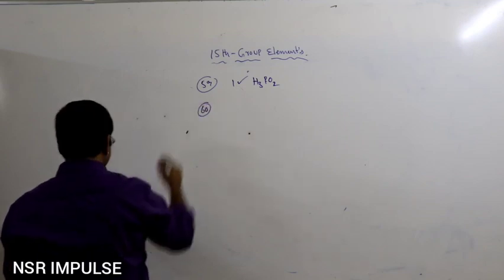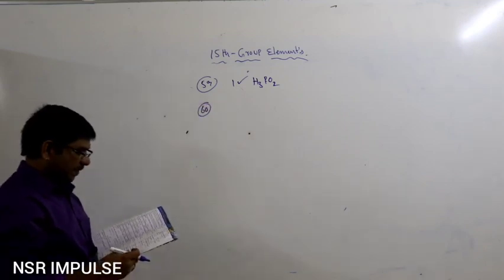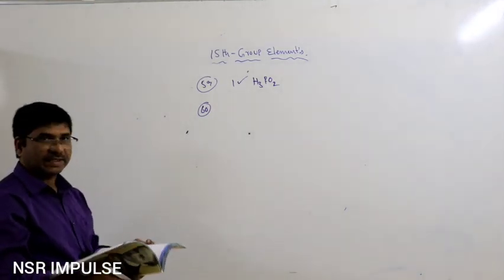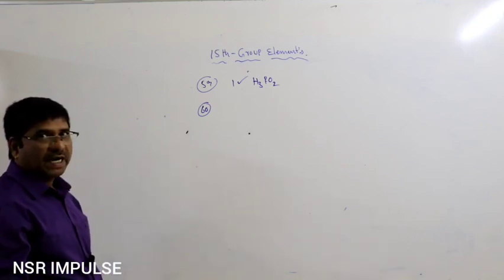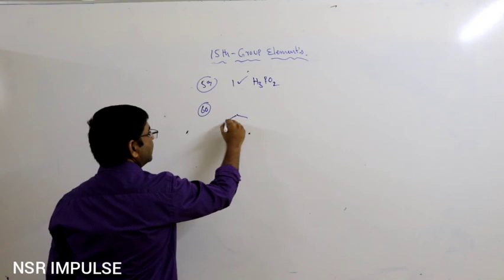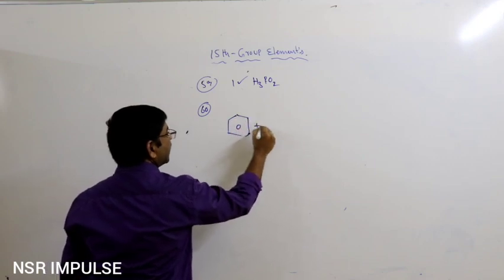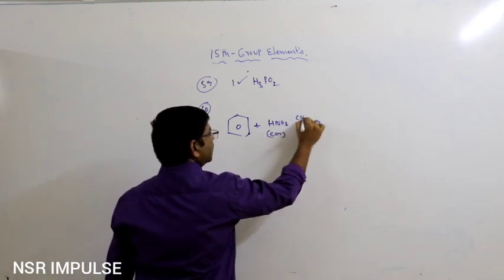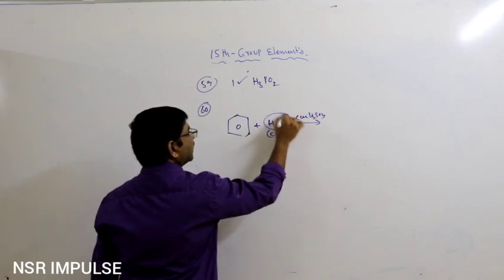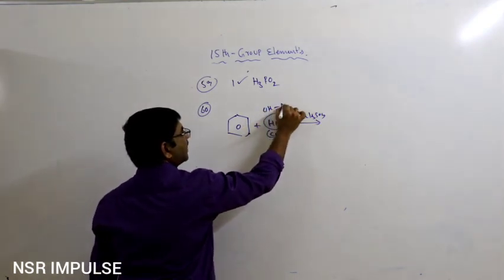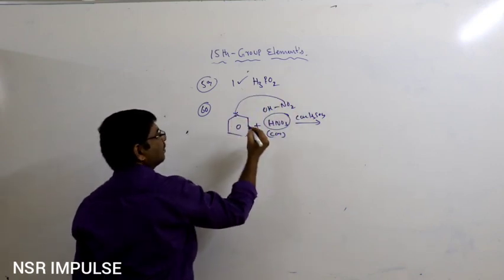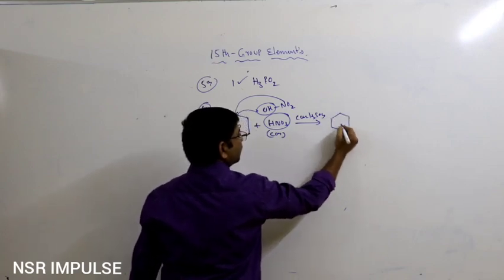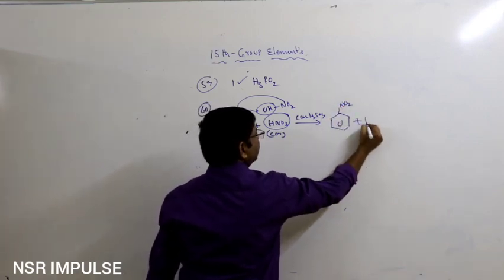Next, question number 60. The mixture of concentrated HNO3 and concentrated H2SO4 is called what?